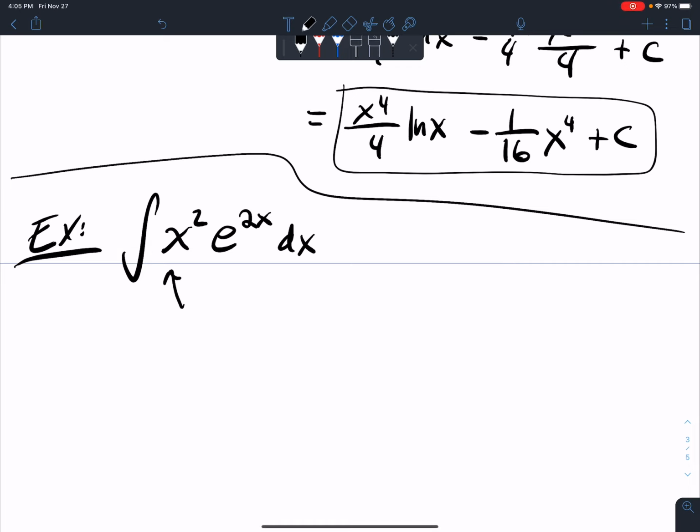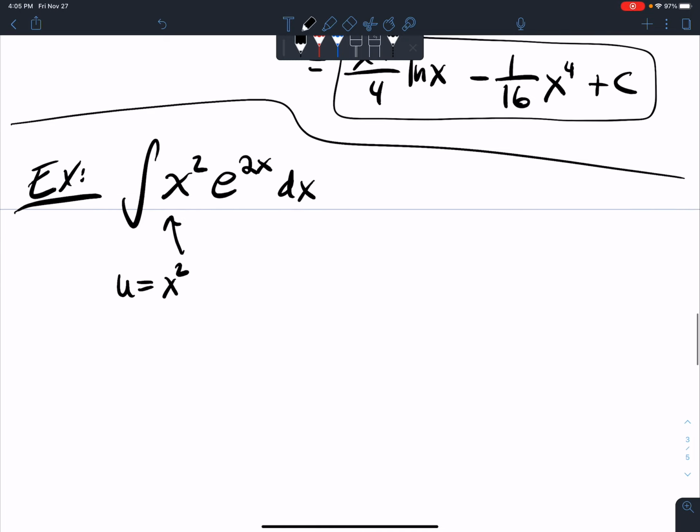But what I know about algebraic expressions, whenever I take the derivative of x squared, it breaks down. So du is going to be 2x dx, right? And if I take the derivative of that again, I get 2. And if I take the derivative of that again, I get 0. So I'm going to choose that for my u here.